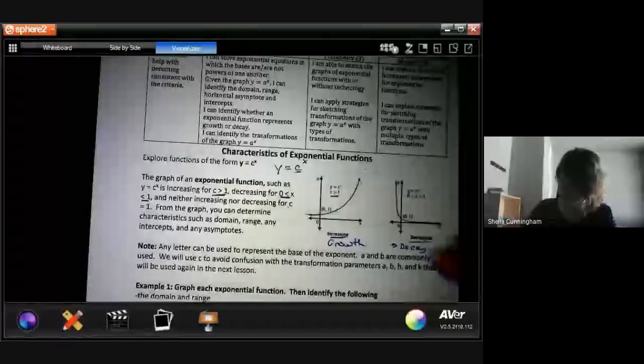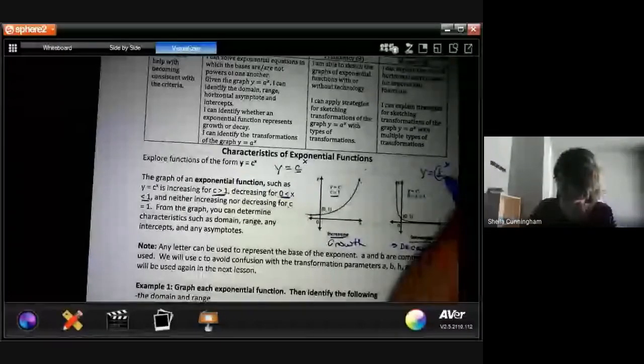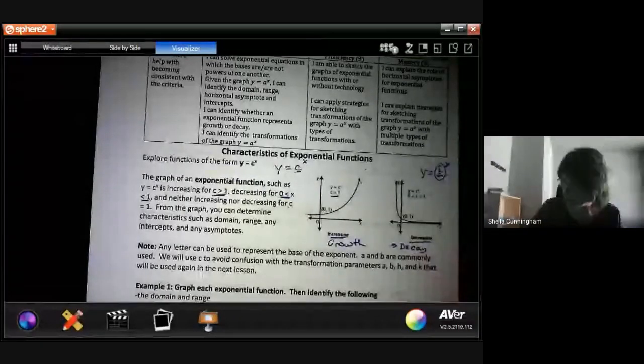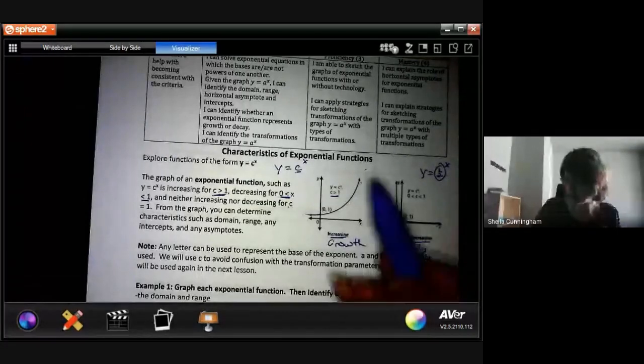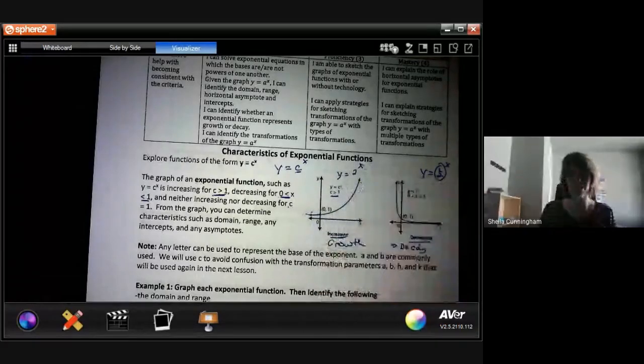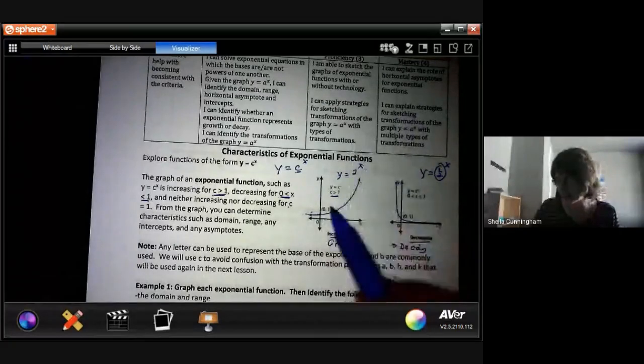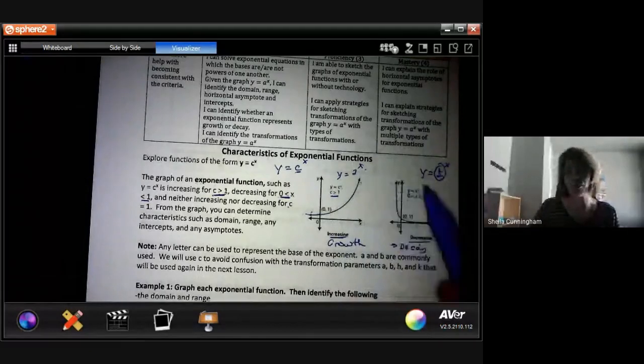In this instance, you could have a graph like y = (1/2)^x, okay? So as long as c, that base, is between 0 and 1, you're dealing with a decreasing graph. If c is larger than 1, it might be y = 2^x, okay? Granted, that's not what these actual graphs are, but I'm just giving you an example of what that c would look like in that situation.